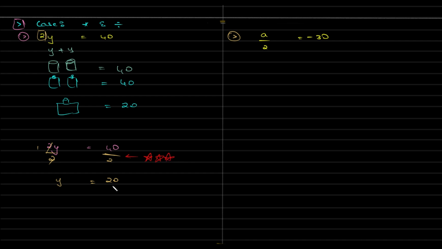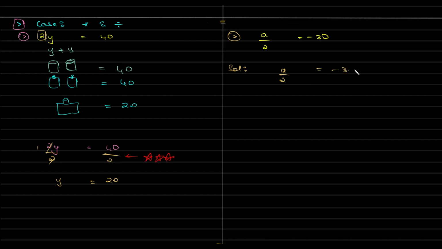We saw this as well. In such a scenario where double of something was equal to some value, a single of that is half of it. Now half of something is negative 30. So what do we do?